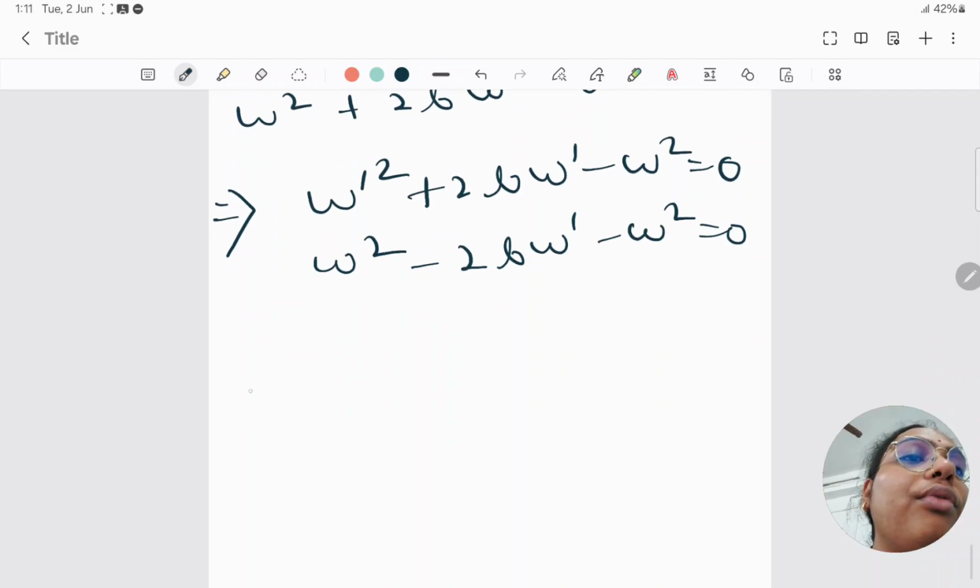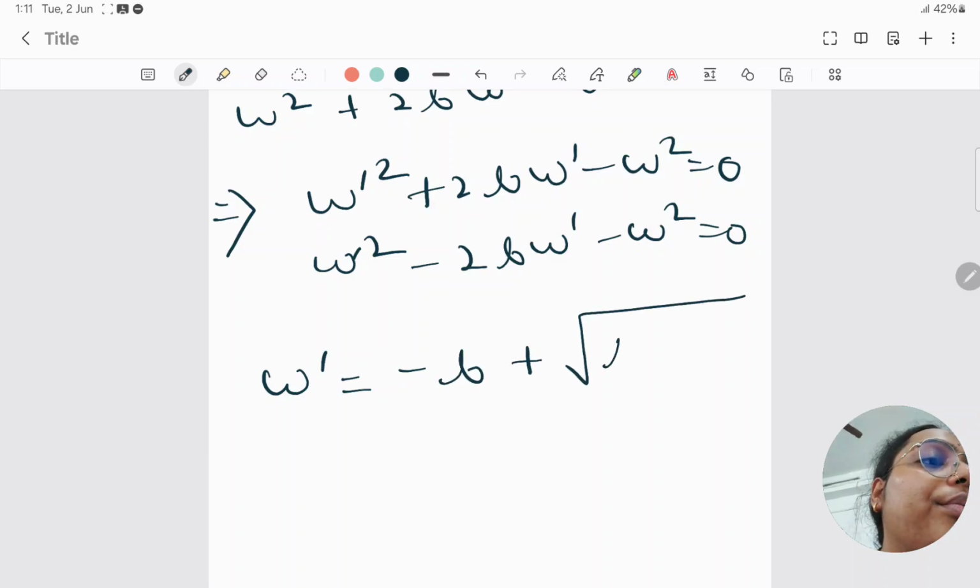So one value of omega dash will come from the Sridharacharya rule. What will this be? Minus b plus under root b square minus 4ac. So 4ac will give b square plus omega square.